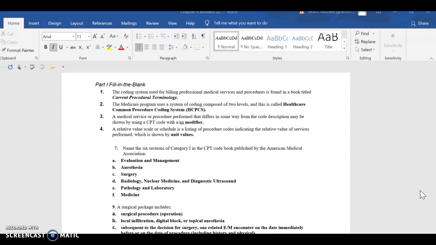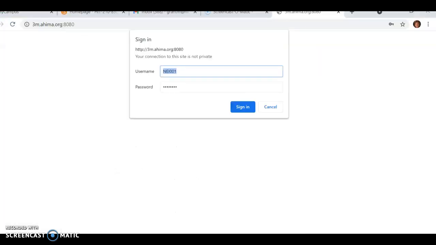So let's just go ahead and start off here with CPT. We have HCPCS. Modifiers is something you'll be using. With modifiers, they are 2 digits and they come after the CPT code. So let's just real quickly here, I'm going to kind of go back and forth. Right here, I'm in the 3M system.